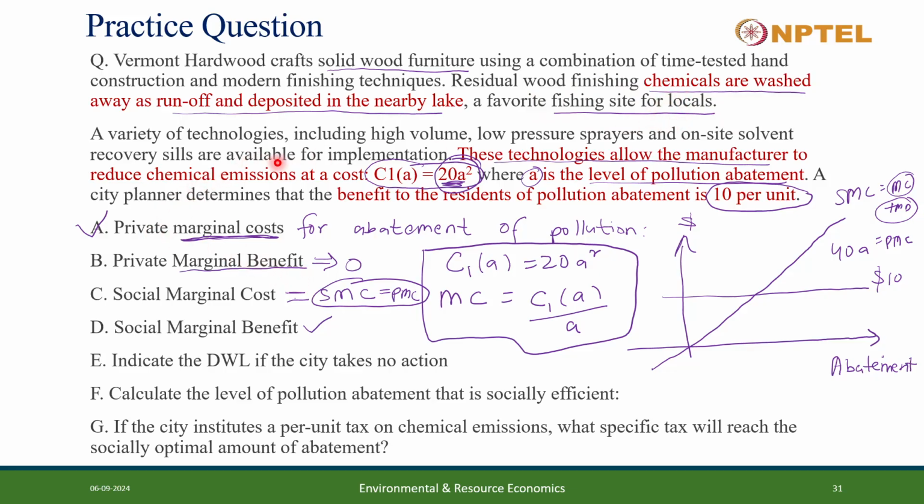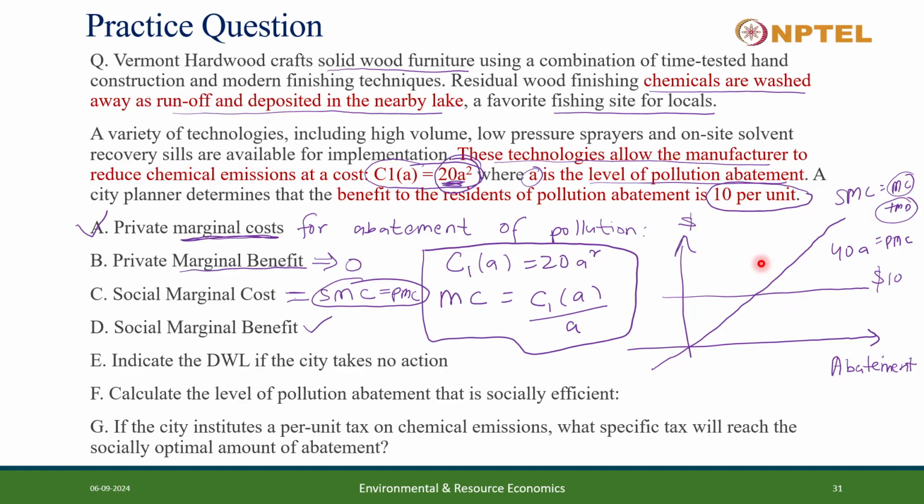There is some technology for which the cost function is given as C1 equals 20A squared, where A is the level of pollution abatement. Then the benefit, when the abatement is done, will be 10 per unit.